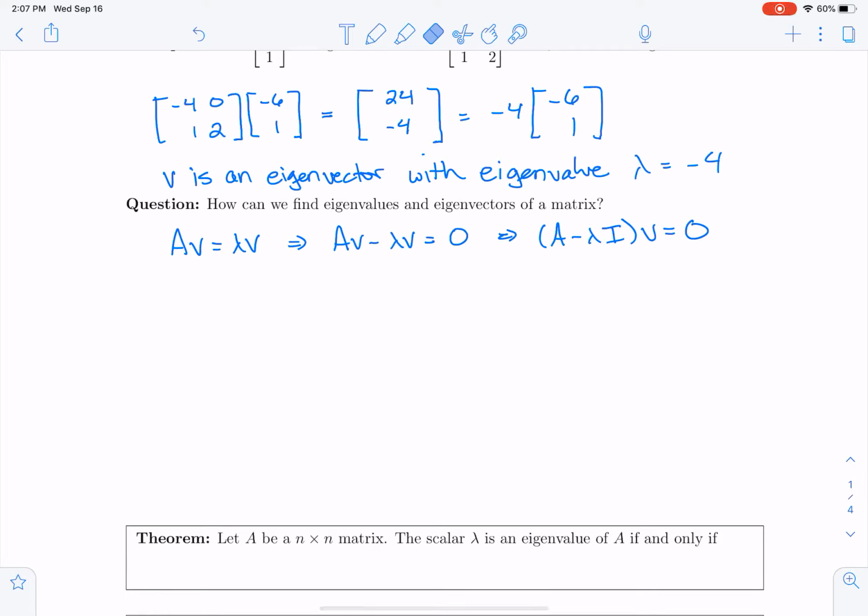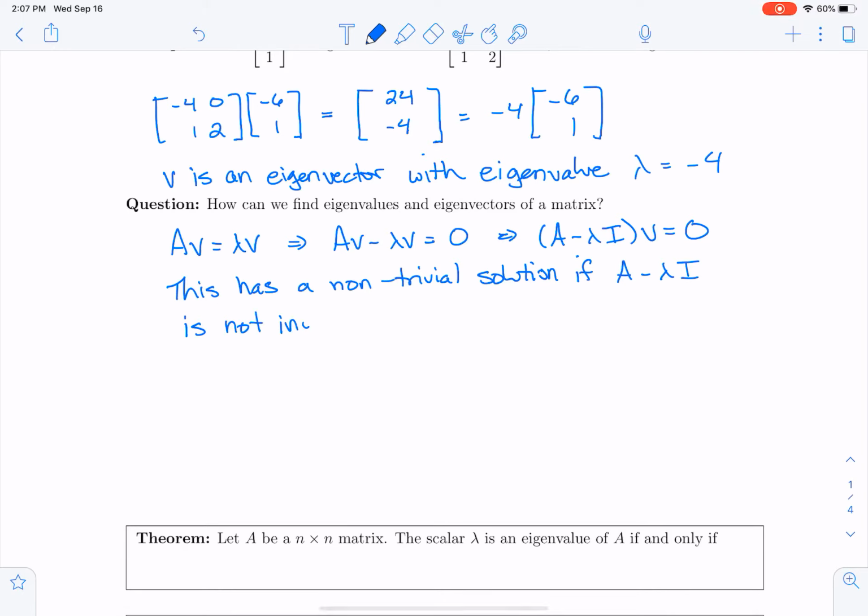Now, we know from linear algebra that this has a non-trivial solution if A minus lambda I is not invertible.